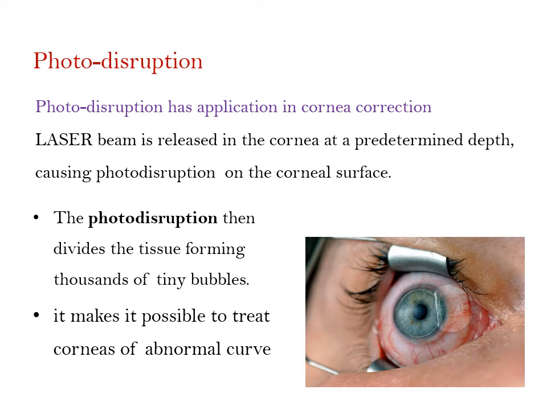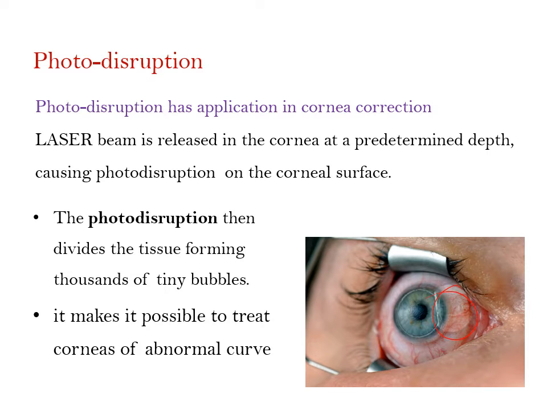So photodisruption is a form of minimally invasive surgery, which is used most commonly in ophthalmology using infrared light. Specifically, the neodymium YAG lasers are used to form a plasma in the eye, which then causes acoustic shock wave generation, which in turn affects the tissue.